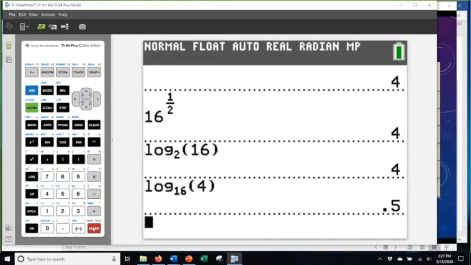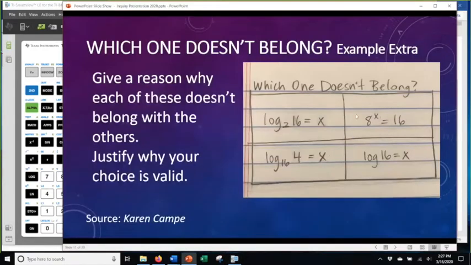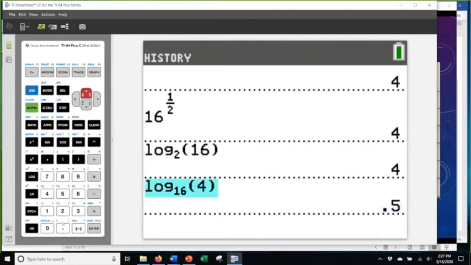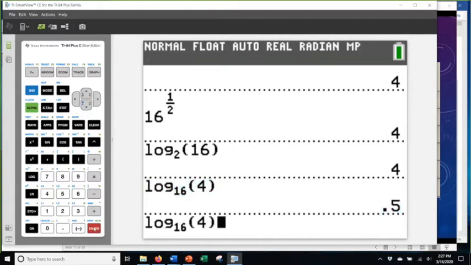And in order to solve 8 to the x equals 16, I might have my students using common bases and doing this without a calculator, but they could also convert it to log form. So it's log base 8 of 16. By the way, you can arrow up in your history and press enter to pull something down so you can edit it. And what that does is it gives you an opportunity to not type things over.